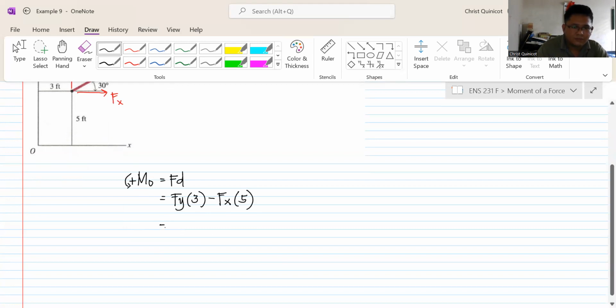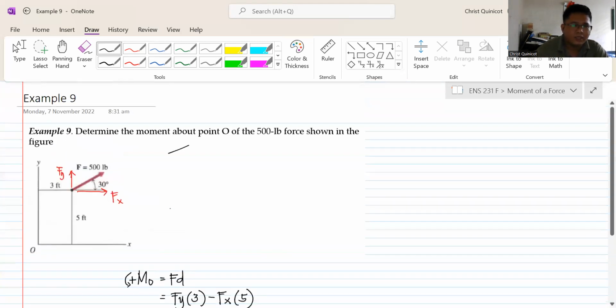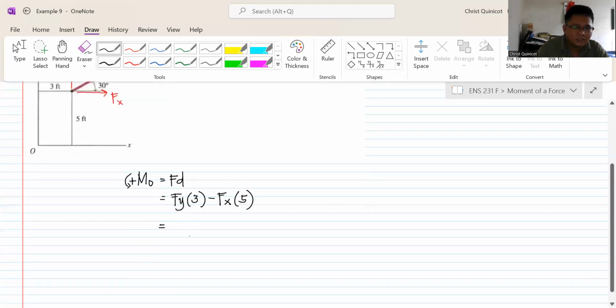So we substitute the values. F sub y is 500 sine 30 degrees, times the perpendicular distance, which is 3, minus 500 cosine 30 times 5.